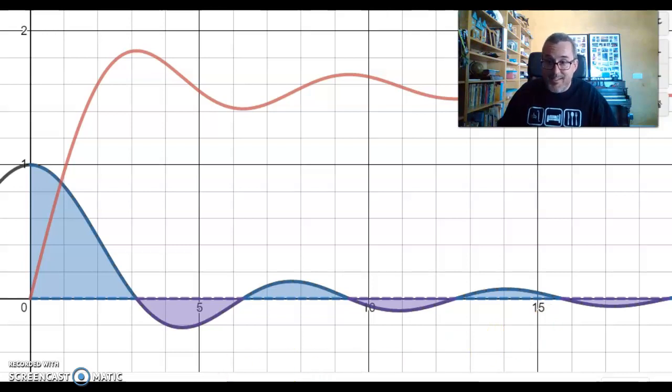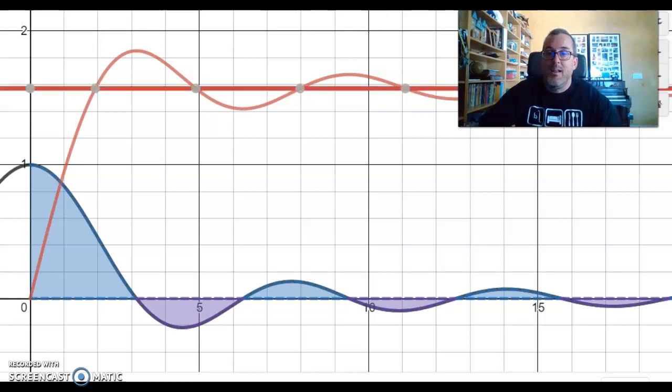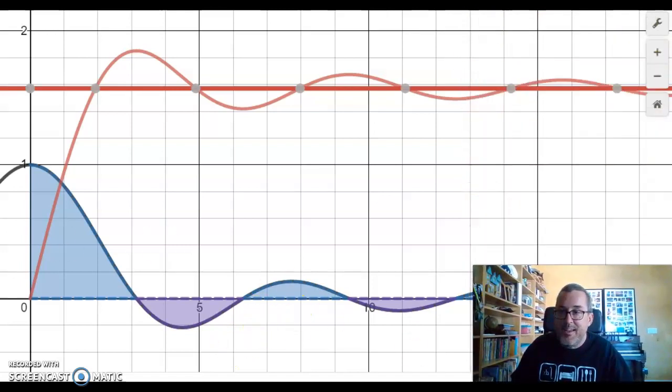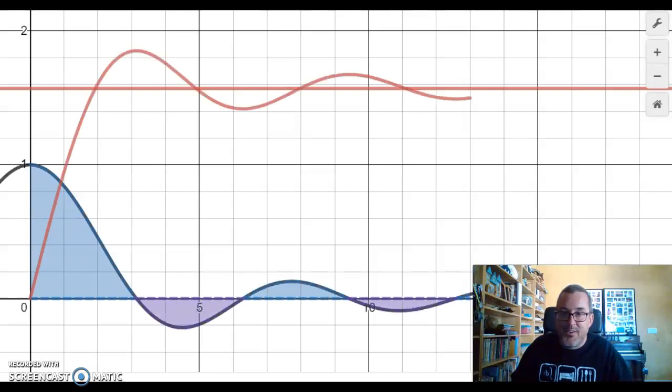In fact, there's a limit that's reached here. Let me show it to you. There is a limiting amount of area that is accumulated in this thing. Let me rewind it so you can see it. So accumulate, but then decrease, increase, decrease less, increase less, decrease less.